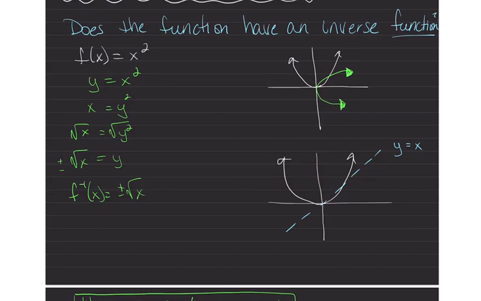We took our x, we made it equal our y. So when you do the inverse and you switch those, you're reflecting it over that line y equals x. So that's how you can do it. So if I took my y equals x squared, and if I reflect it over that line, that's going to give me my inverse.